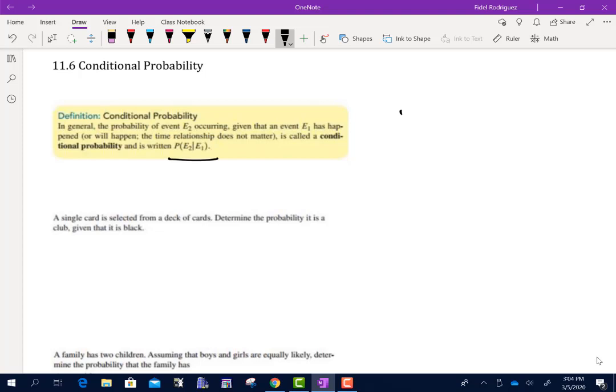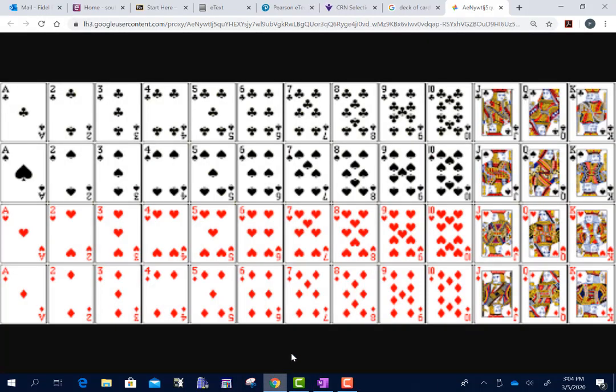So the first problem here says a single card is selected from a deck of cards. Determine the probability that it is a club given that it's black. Okay, so we're trying to figure out what's the probability that we're going to get a club given that we have a black card. Okay, so guys, I'm going to grab my deck of cards right here.